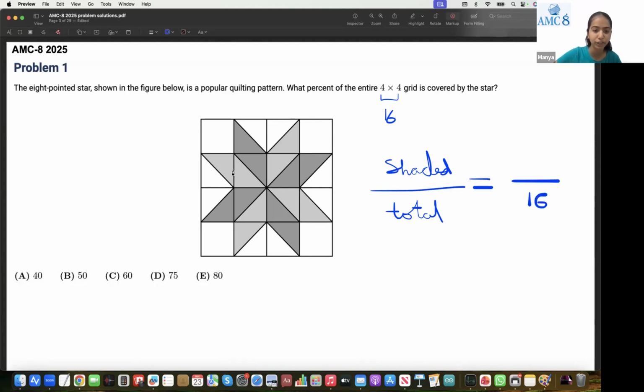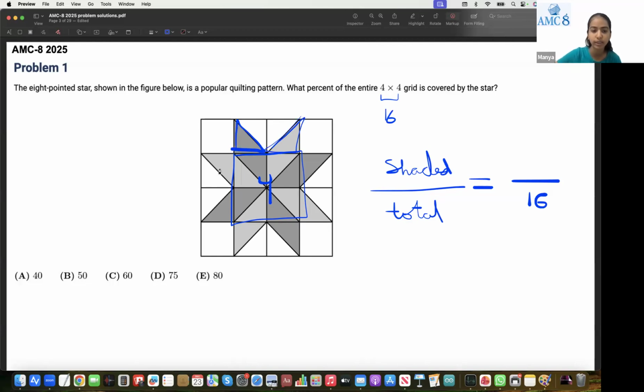And here in the shaded region, we see that there's a 2x2 grid right in the center. This 2x2 grid is covered completely by the shaded area, so there's 4 squares that are covered. We also see this block right here, so half a square plus half a square gives us one whole square.